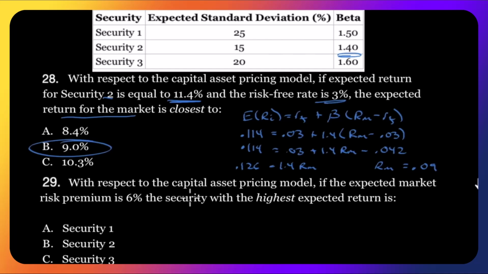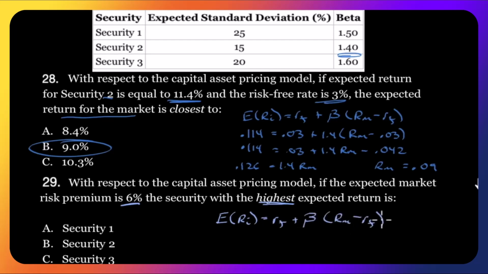With respect to the capital asset pricing model, if the expected market risk premium is 6%, the security with the highest expected return is, well, let's have a look, the highest expected return. Notice that the risk-free rate in here, if we look at our formulation again, let me write it over again. Expected return is equal to the risk-free rate plus beta, RM minus RF.